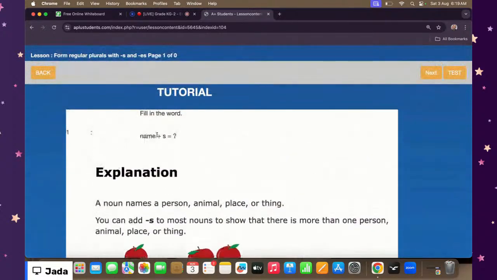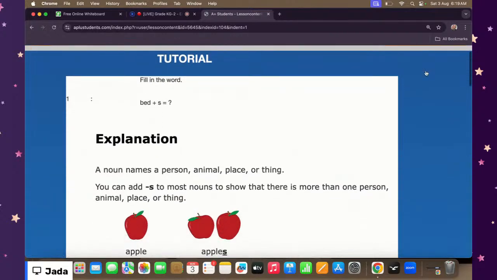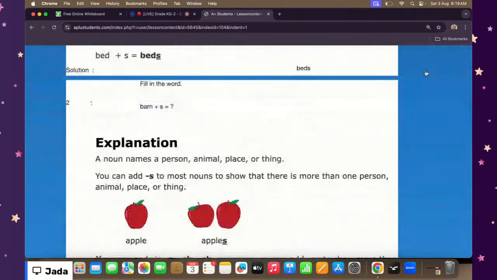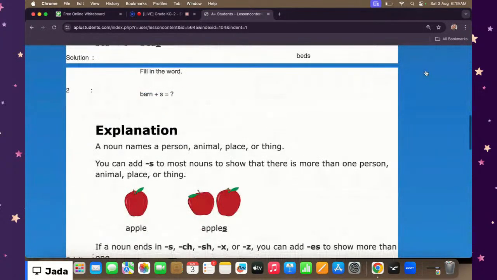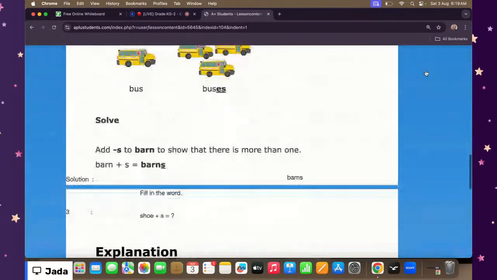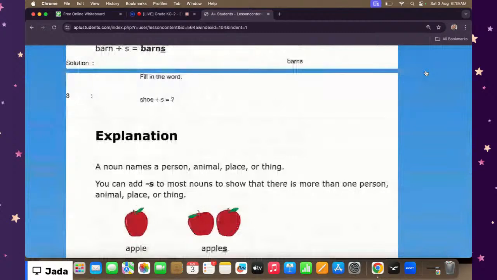So, moving on to the next, bed plus s gives us beds. Okay, ban plus s gives us bans. Shoe plus s gives us shoes.